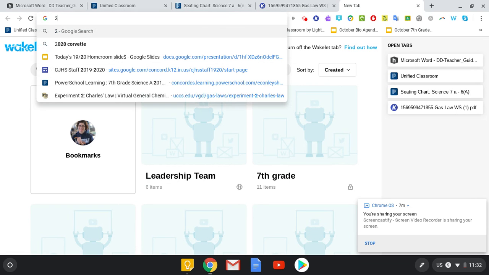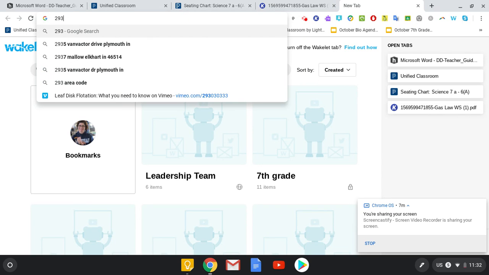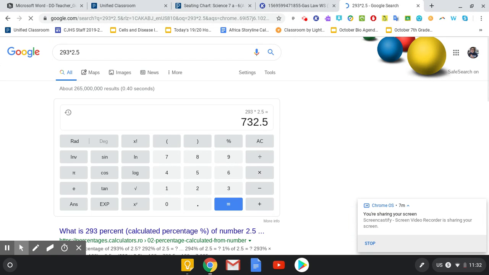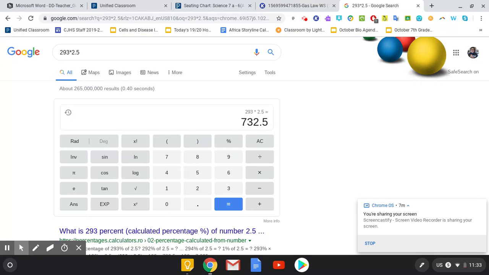So you're going to see me open this up and just double check my math, because I wrote 298 down for some reason. Times 2.5, I did 732.5. So 732.5 equals the denominator.